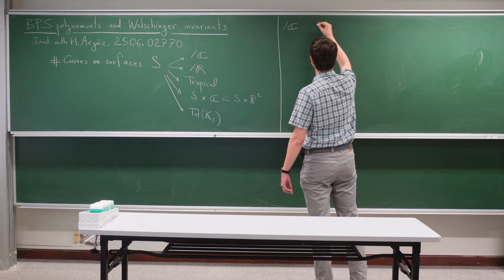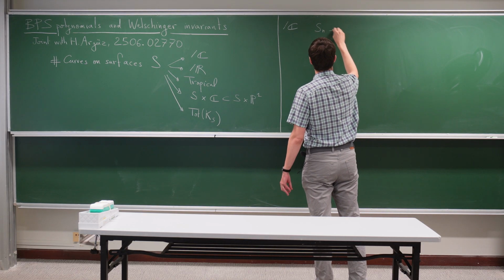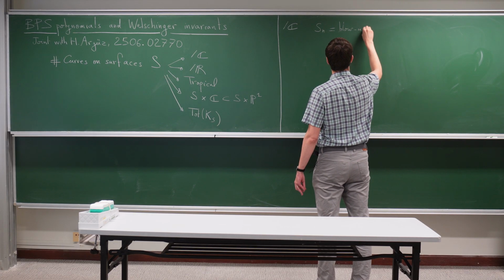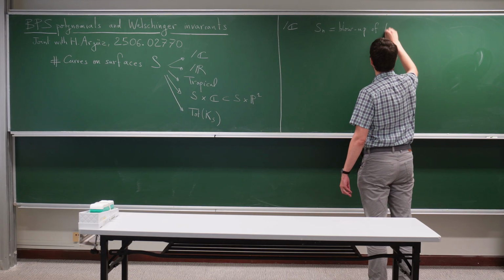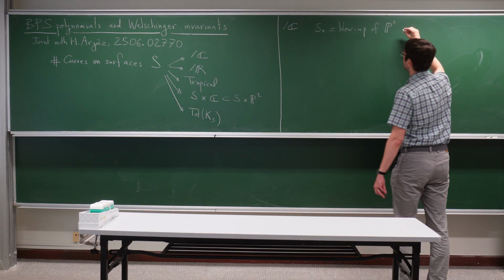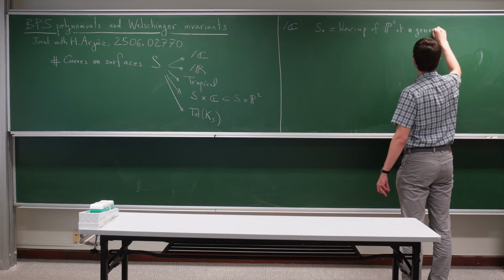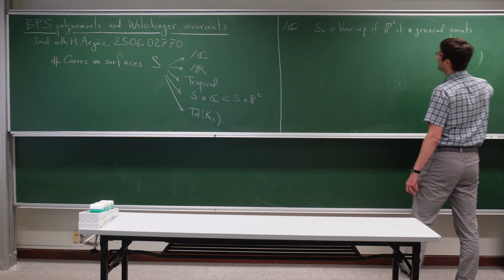And very specifically, for every n, I will denote by Sn the surface obtained from P2, complex projective plane, by blowing up n points in general position. So blow up of P2 at n general points.